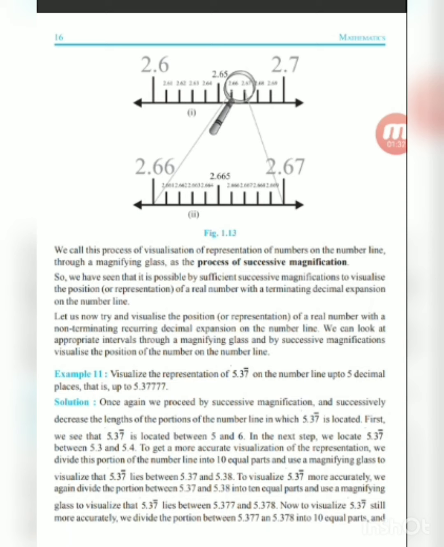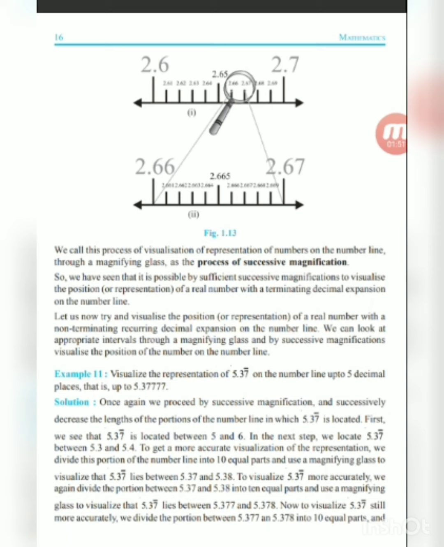Once again we proceed by successive magnification and successively decrease the length of the portions of the number line in which 5.37 bar is located. First we see that 5.37 bar is located between 5 and 6. In the next step we locate 5.37 bar.